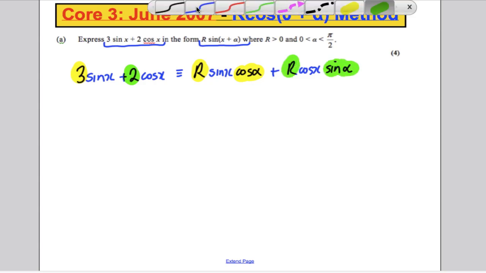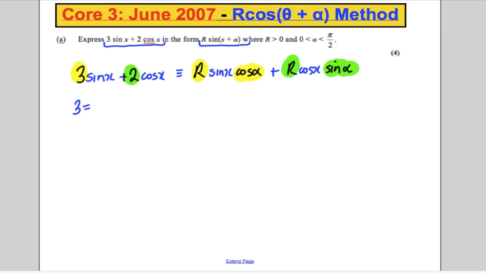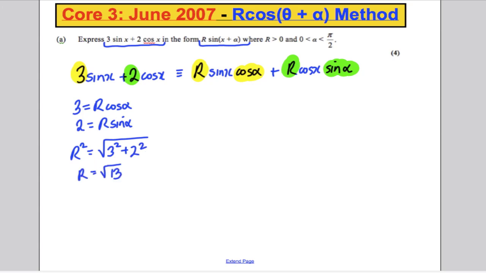So there are two equations we write down. 3 is equal to r cos alpha, and 2 is equal to r sin alpha. As always, r squared is 3 squared plus 2 squared, so r would therefore be equal to the square root of 13.